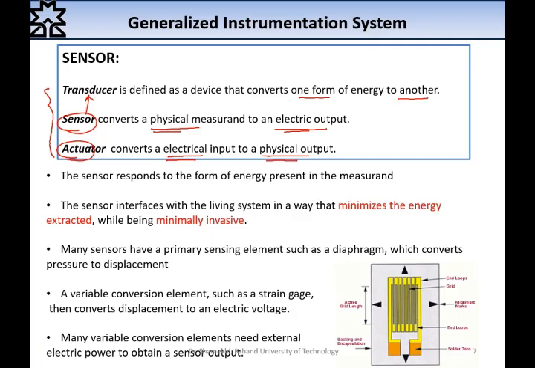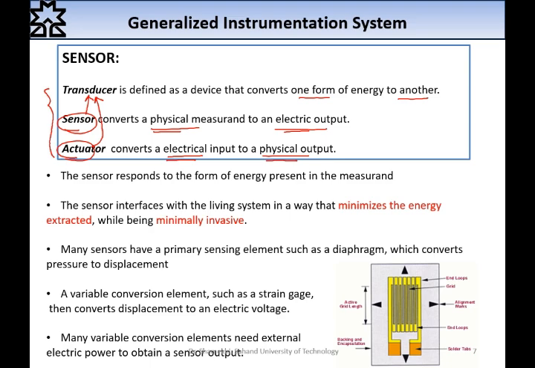Therefore, an actuator also is a transducer. But an actuator is not a sensor, and a sensor is not an actuator, but both of them are transducers.